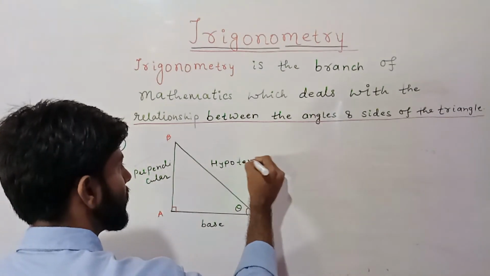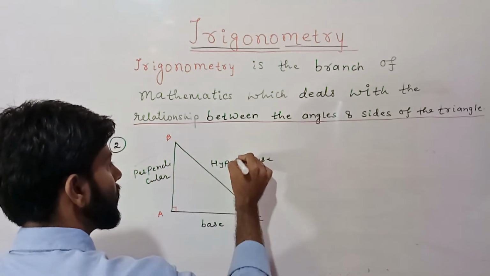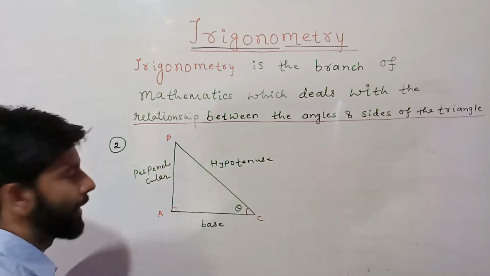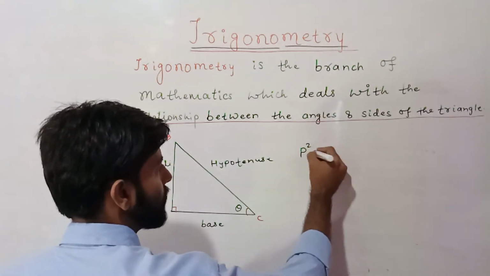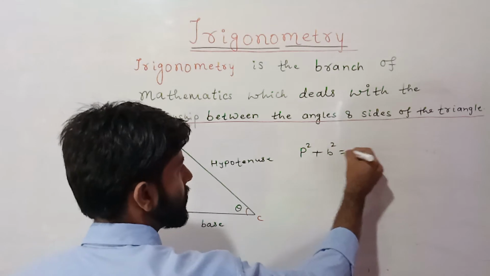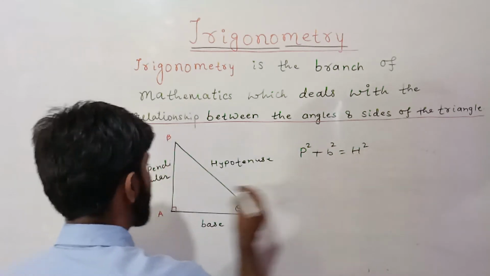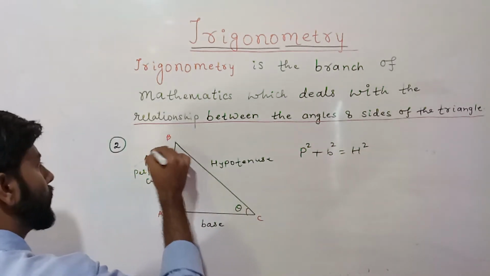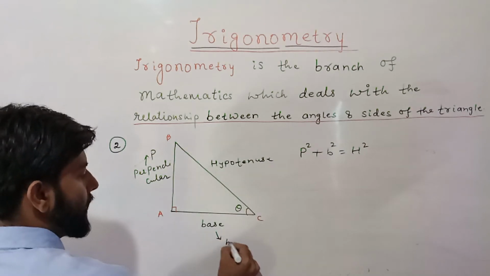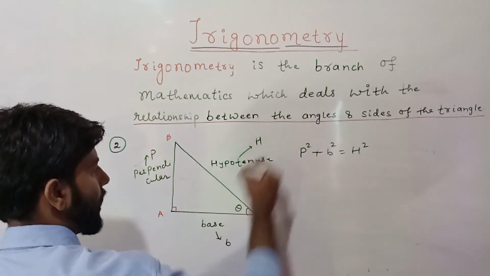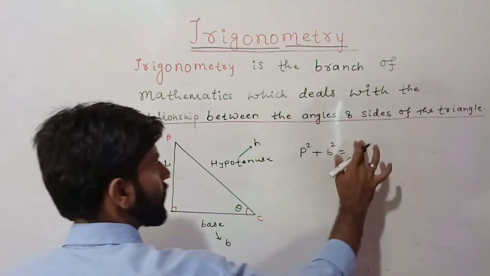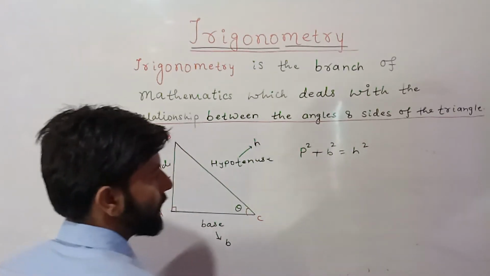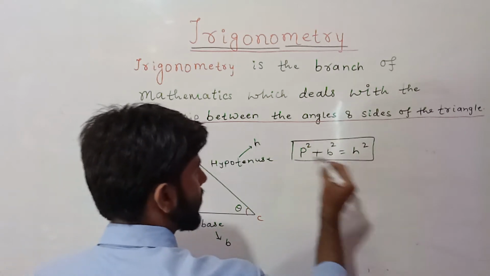Suppose this is a right angle triangle, then you know P square plus B square equals H square, where P means perpendicular, B means base, and H means hypotenuse. So this is Pythagoras theorem that you must know.